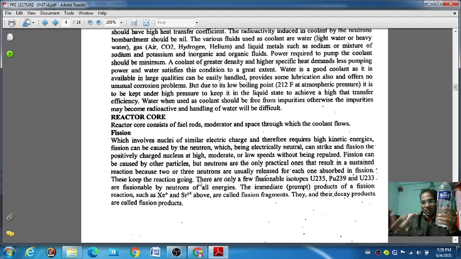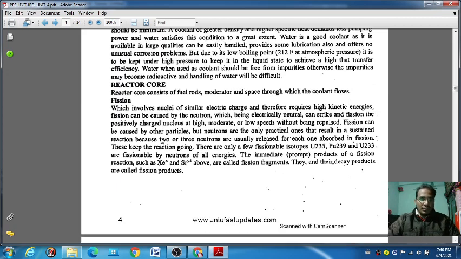So these are the things we have to remember while looking at the reactor core: whether the reactor core is good or not, and where the coolant pipe will be. These are the things we have to know while doing the reactor core manufacturing process.